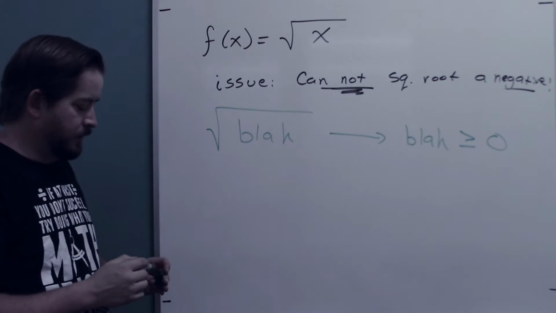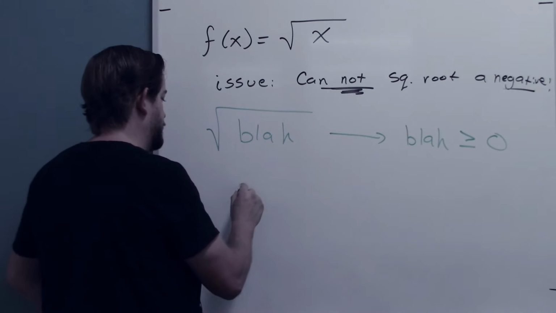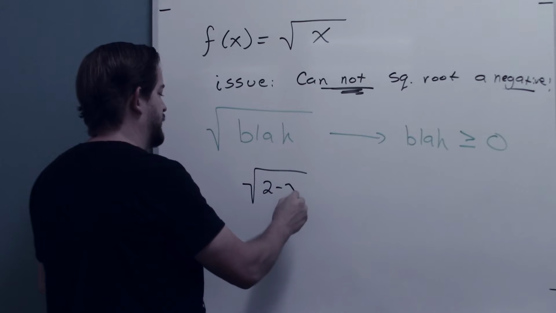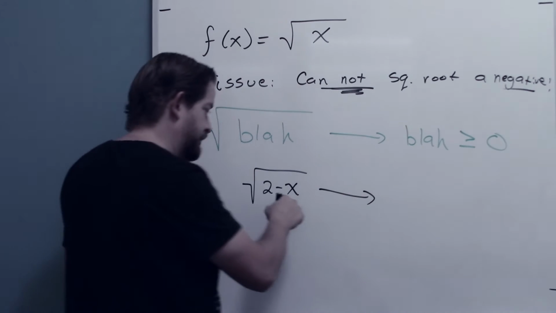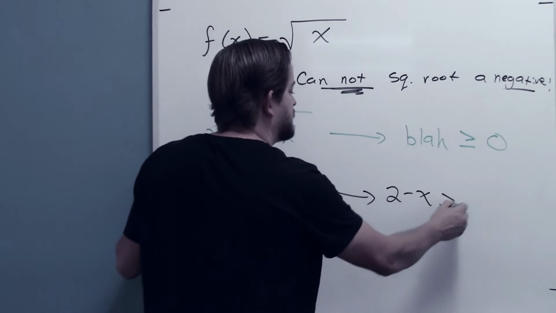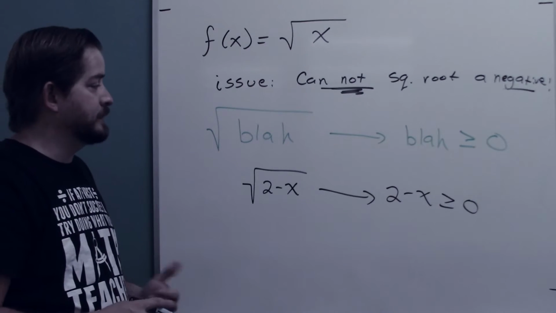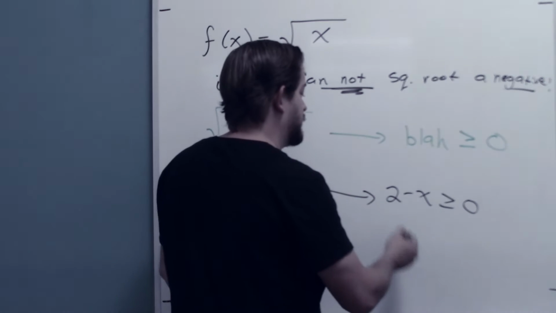So for example, I might see something like the square root of 2 minus x. Well, this implies then that whatever's under that square root, that 2 minus x, has to be greater than or equal to 0. And I can simply solve this to figure out where those values are.